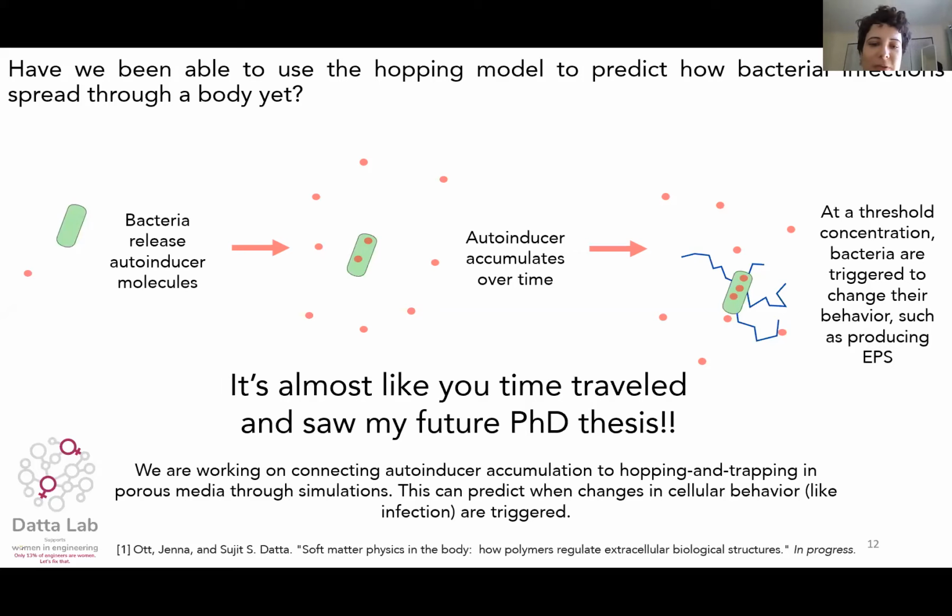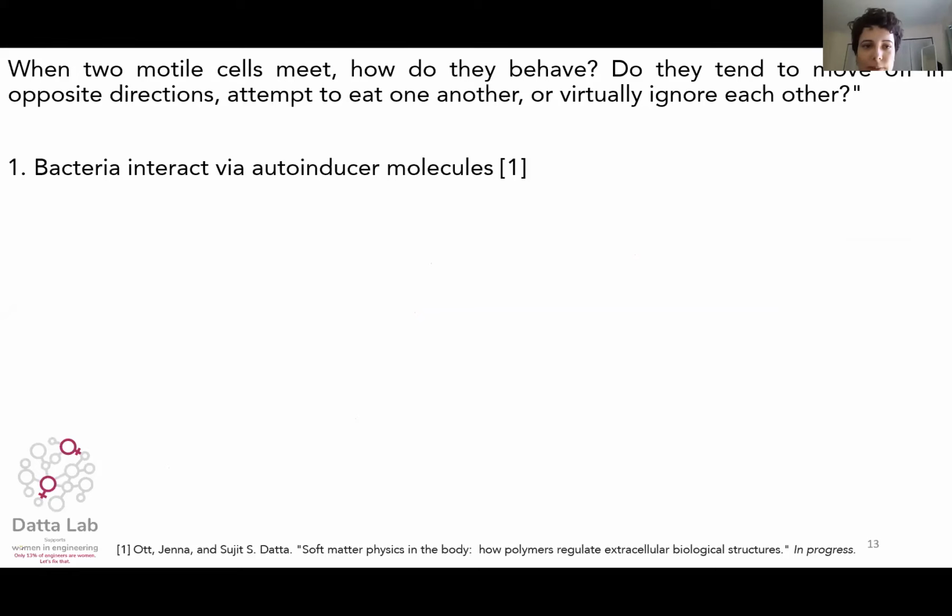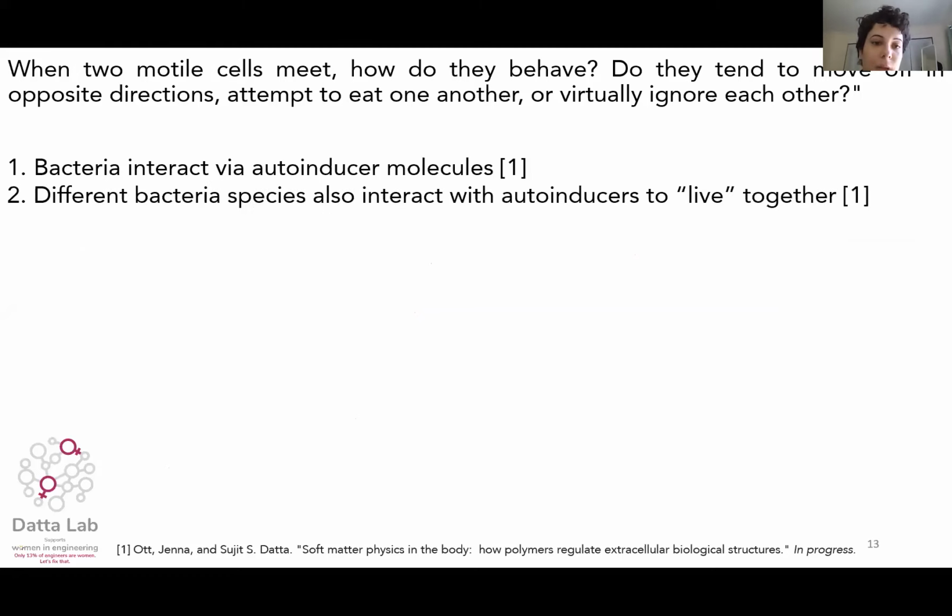And I think this is my final question, which is, when two motile cells meet, how do they behave? Do they tend to move off in opposite directions, attempt to eat one another, or virtually ignore each other? And as I have talked about throughout these past couple slides, bacteria can interact via autoinducer molecules. So this can cause behavioral changes among the population.